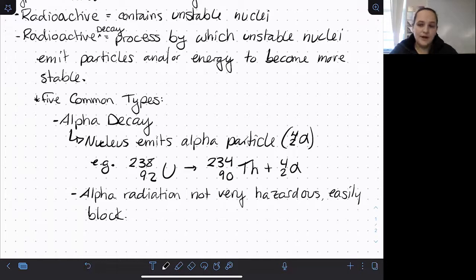In order for radiation to do cellular damage, it has to be able to penetrate into the cells. And alpha particles are large enough that they don't get very far. So with external exposure to alpha radiation, your skin does a pretty good job of keeping it from doing anything more than surface damage.